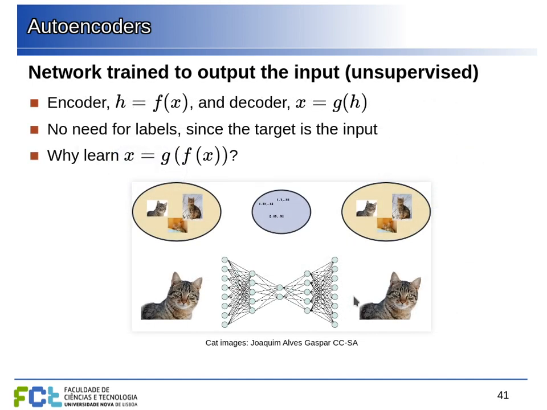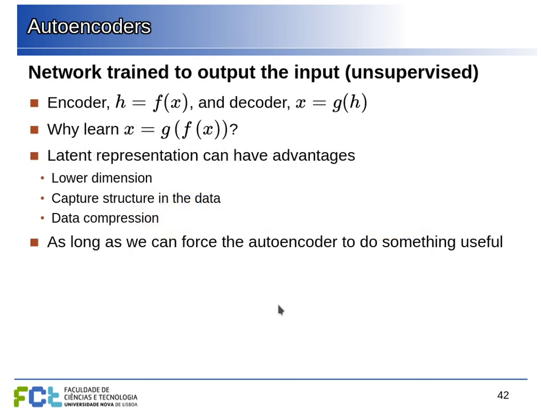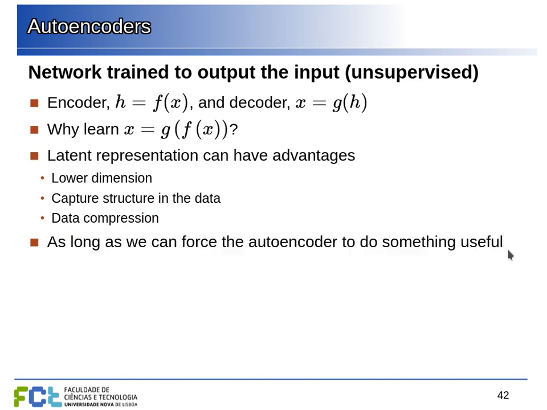So this is the important thing about autoencoders: whatever is being done here in the middle, and the representation that we are learning about the input. So as long as we can force the autoencoder to do something useful to the data, we can use this architecture where we just input something and try to output the same thing.